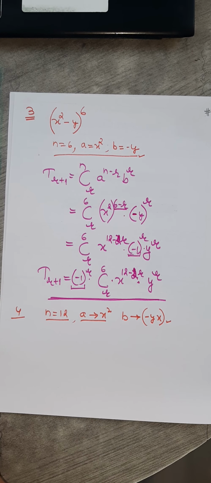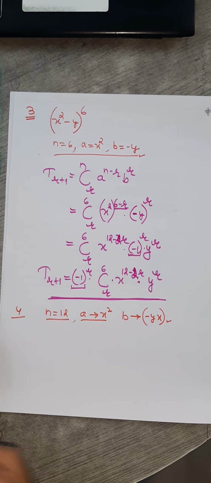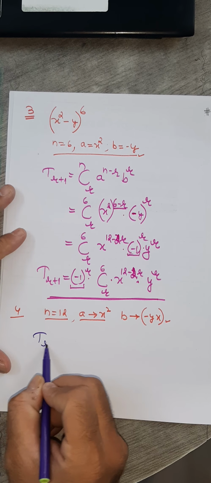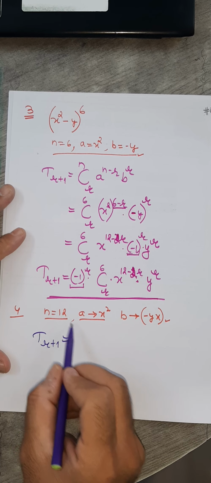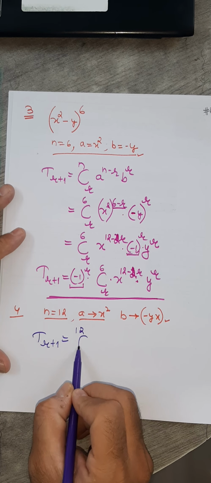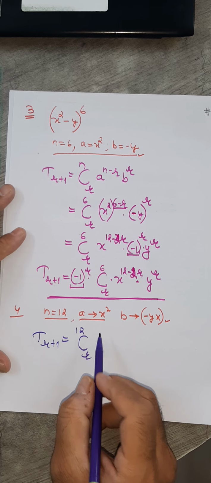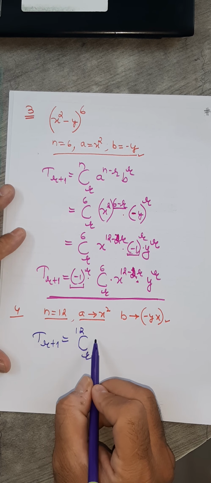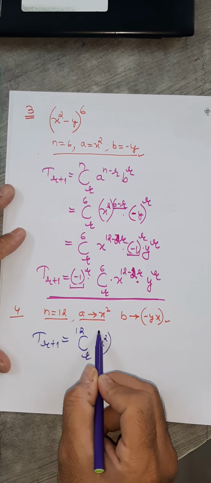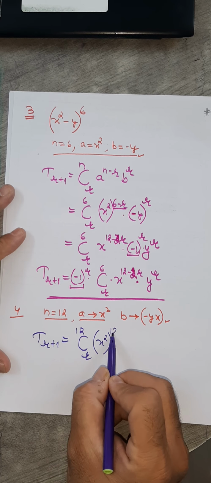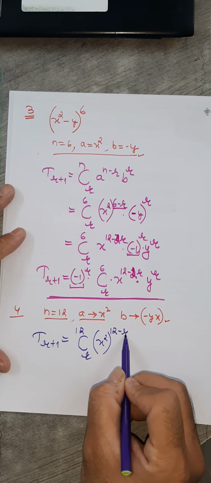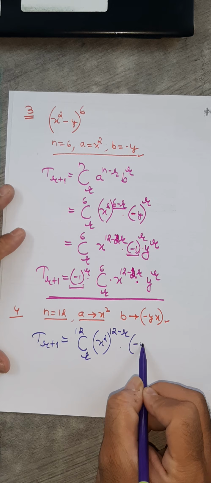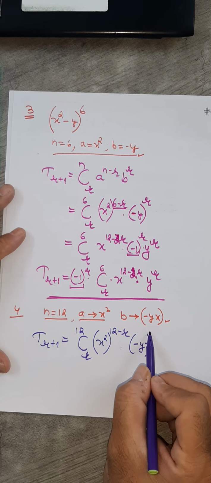Now I'm writing directly formula for what? tr plus 1. General term पूछा. tr plus 1 is equal to, directly I'm writing 12cr ncr. A means x squared. X squared raised to 12 minus r. This minus this ही होता है. Into b. What is b? Minus yx the whole raised to r.